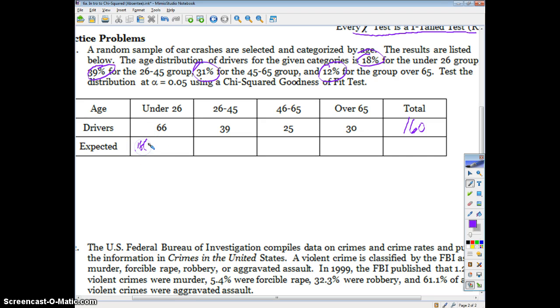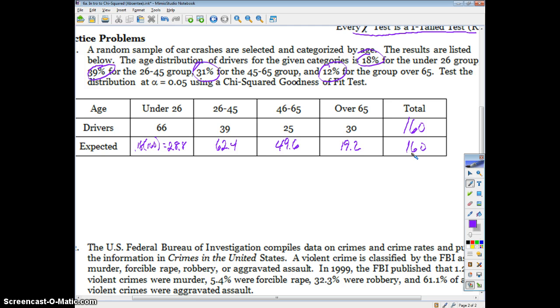So 18% of 160 is 28.8. 39% of that 160 is 62.4. Then 49.6, and we've got 19.2. And again, if you add all those up, you should get 160.